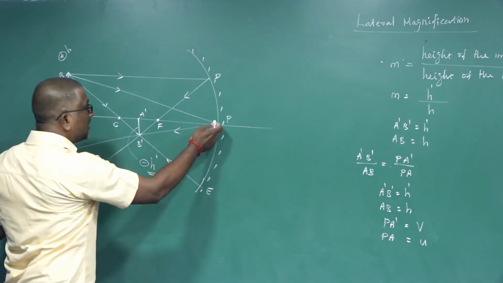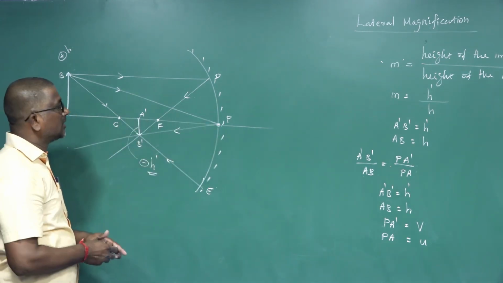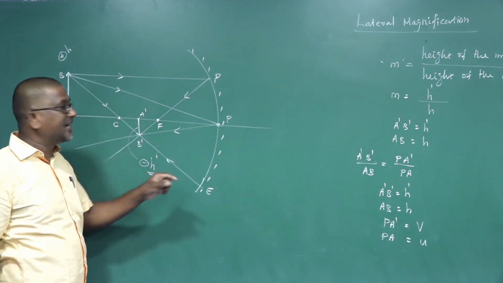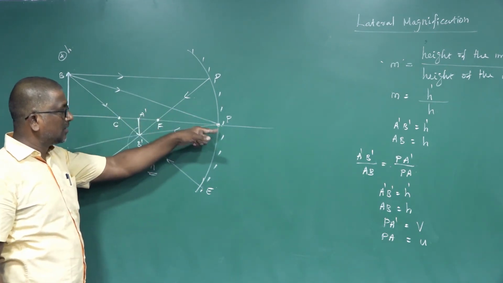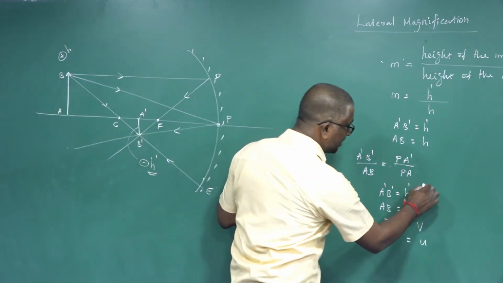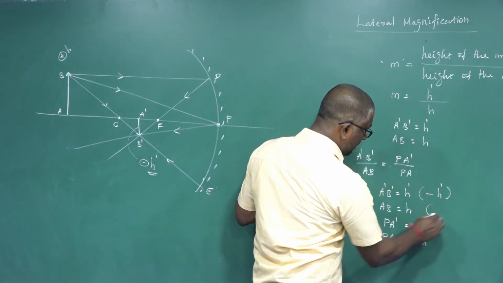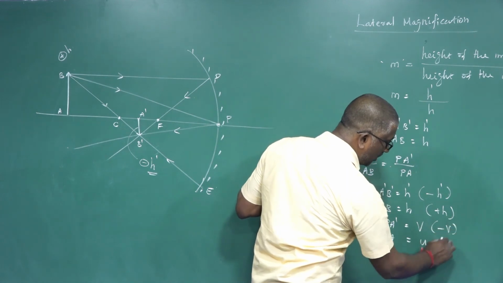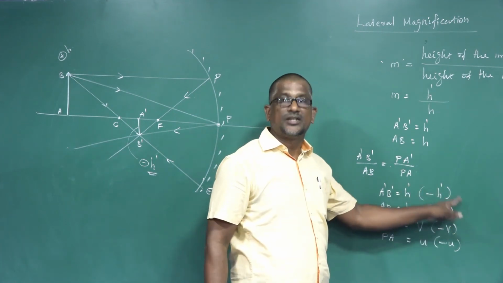And object distance and image distance are also negative, because all the distances measured to the left of the origin should be taken as negative. Here image distance and object distance are measured to the left of the origin, so their value is also negative. By applying the sign convention, h prime is negative, h is positive, image distance is negative and object distance is also negative.